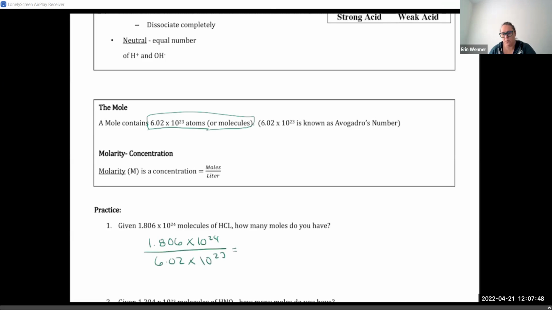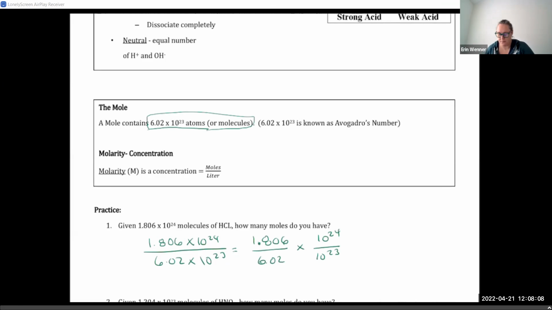And remember, with our work with powers of 10, we can divide these problems up into 2 pieces. So I have 1.806 over 6.02 times 10 to the 24th over 10 to the 23rd, right? We talked about scientific notation for a reason.